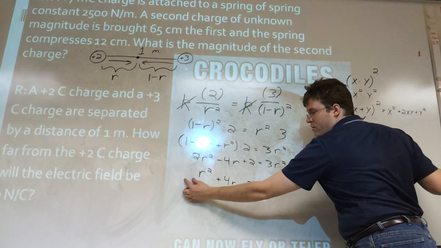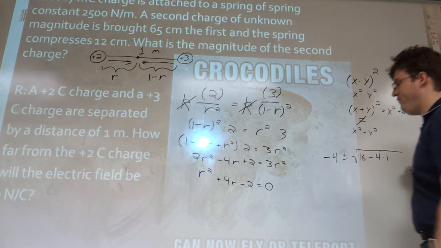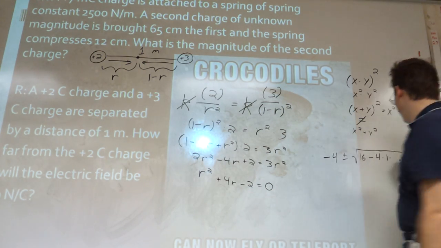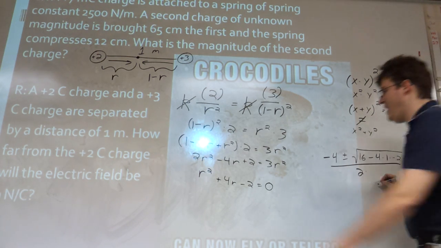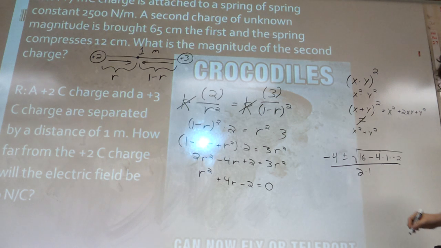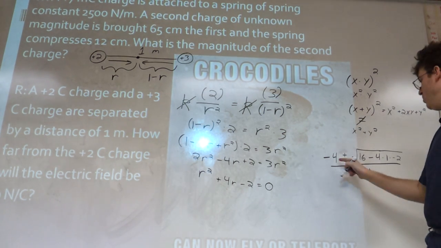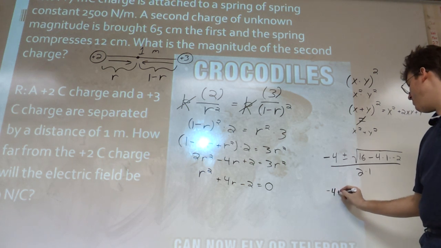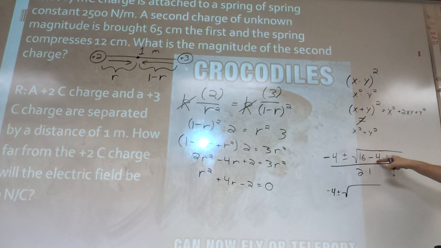A is the coefficient of the r squared term, which is 1, times c, the coefficient that's just there, minus 2. All divided by 2 times a, 1. Okay, so those are our solutions. So minus 4 plus or minus the square root of 16 minus negative 8 is 24.